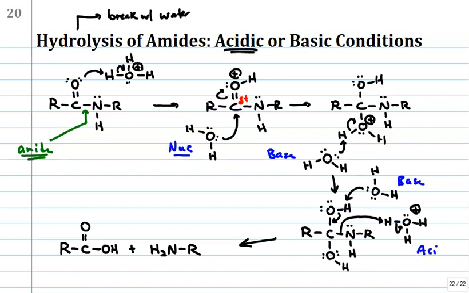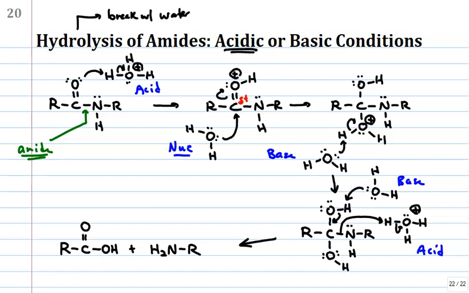So let me just label this for us. This is called acid catalysis because you have the hydronium ion and you don't have the hydroxide ion. That's why you have to have water as the base. So this shows you a legitimate mechanism to carry out the hydrolysis of an amide under acidic conditions.